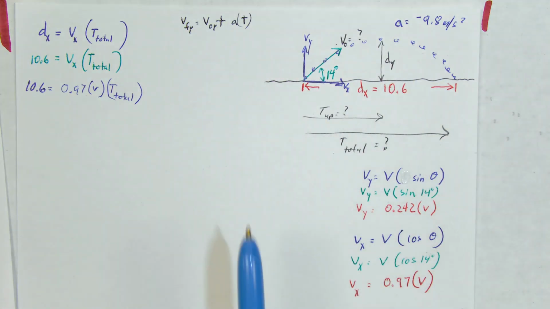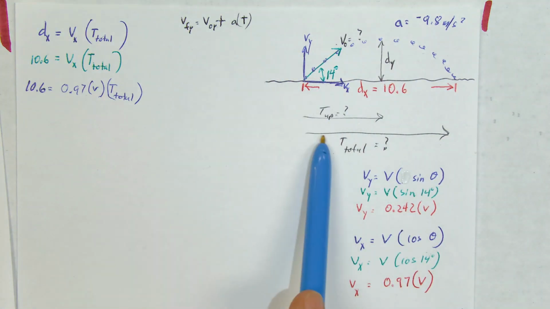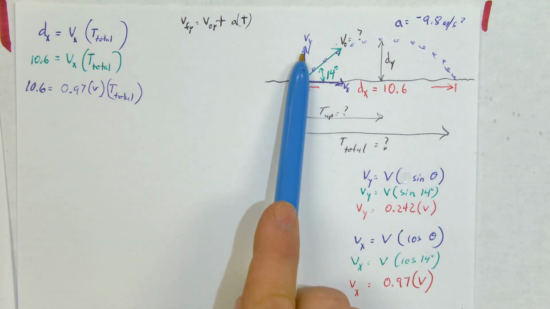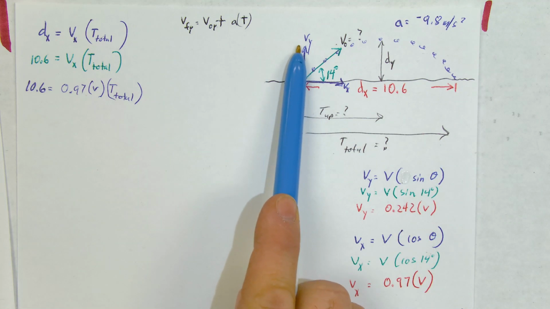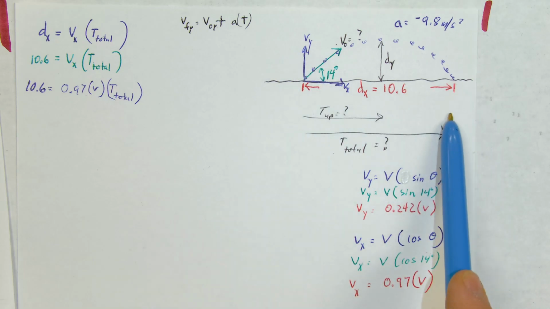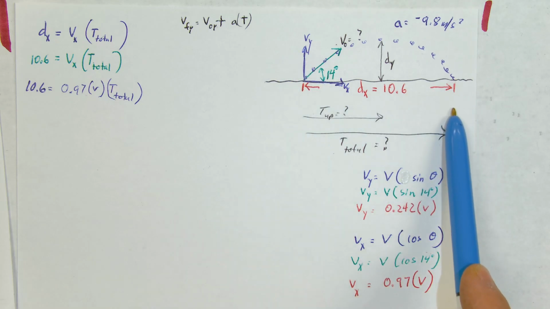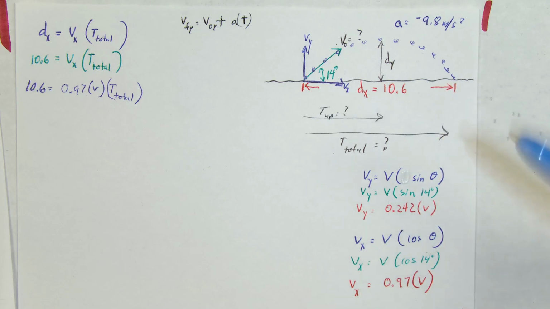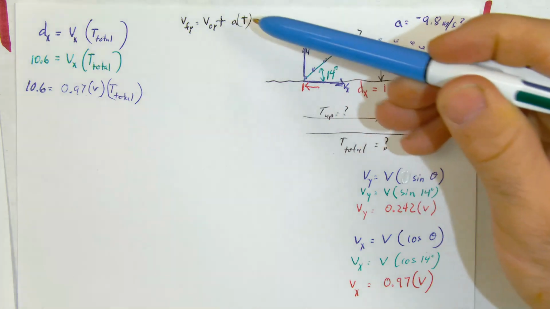Now we could take this a couple of ways. We could either do time as total time. If we do total time, we have to realize that the velocity on the y-axis in the positive direction is equal but opposite. So the velocity on the y-axis would be negative in the downward direction as it comes through here, because as we've discussed, it's going downward. And that's probably going to be the easiest way to write this.